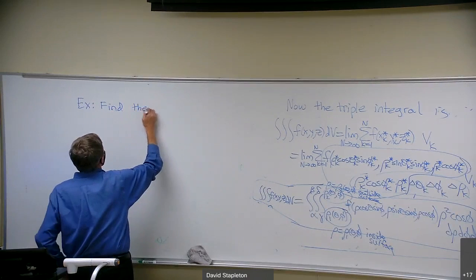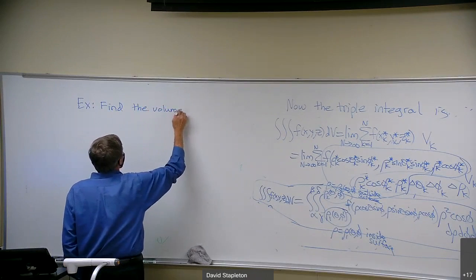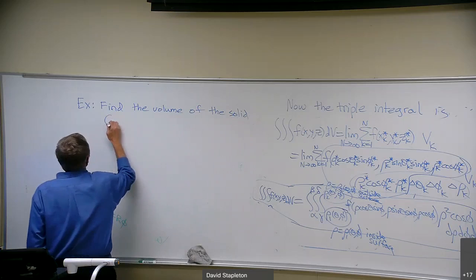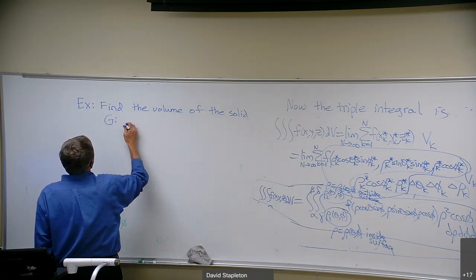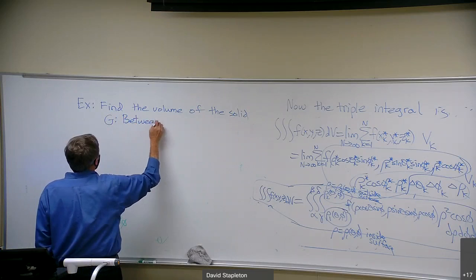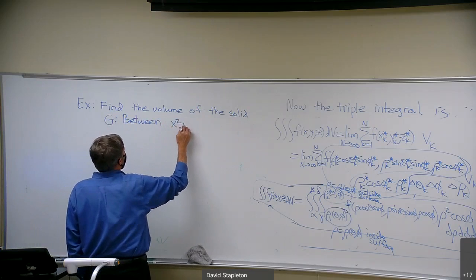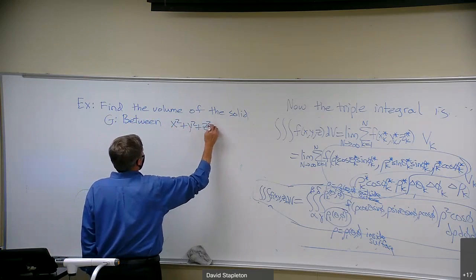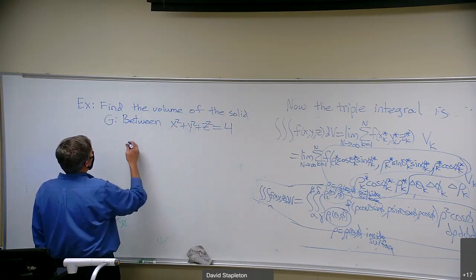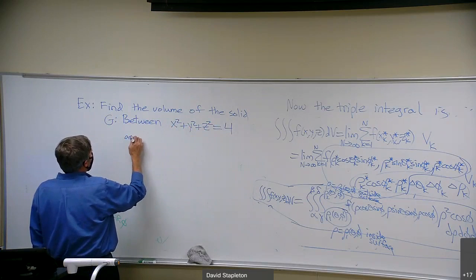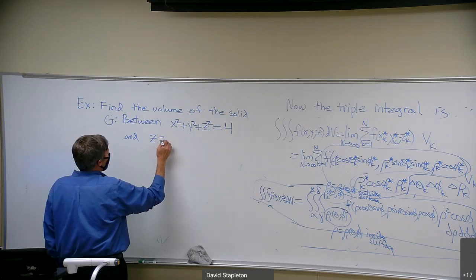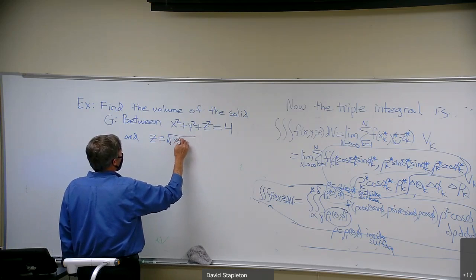Find the volume of the solid G given with an outside surface x squared plus y squared plus z squared equals 4, and a bounding surface z equals square root of x squared plus y squared.